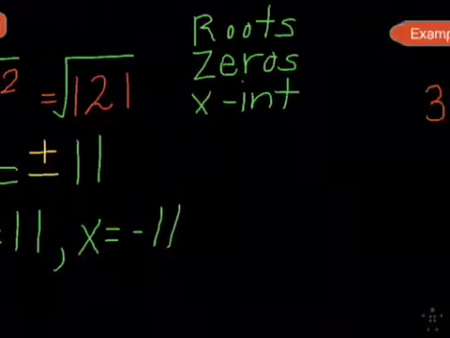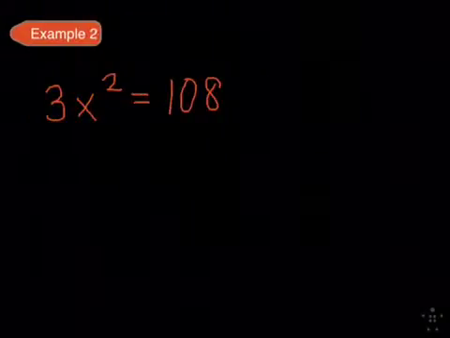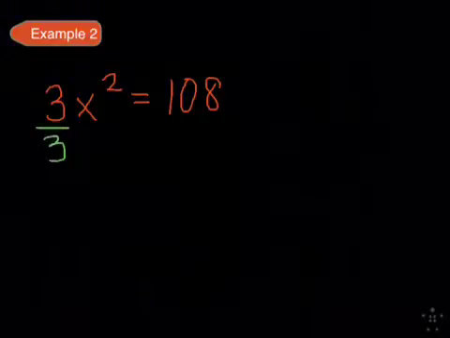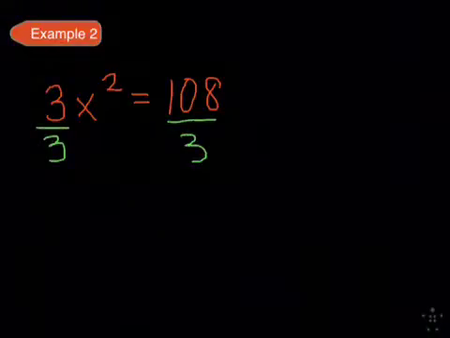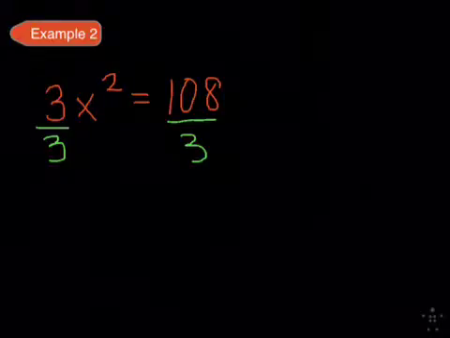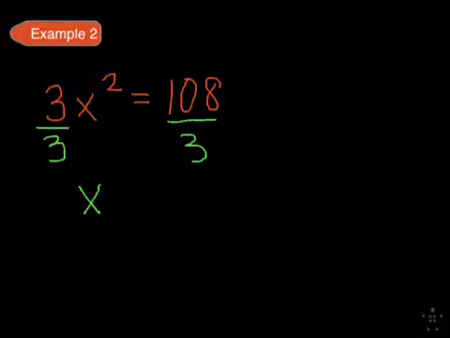Alright, let's try another one. Okay, we got 3x squared equals 108. So we're going to follow our same principles we use when solving equations. First thing I'm going to do is divide by 3 on both sides. So we're going to do 108 divided by 3. And that tells us x squared is going to equal 36.